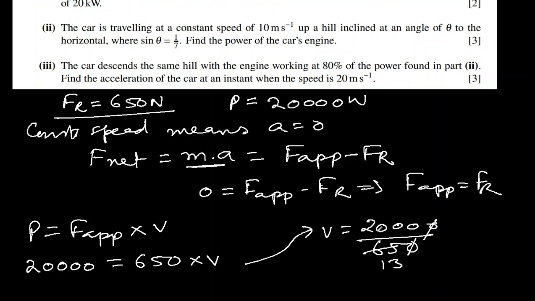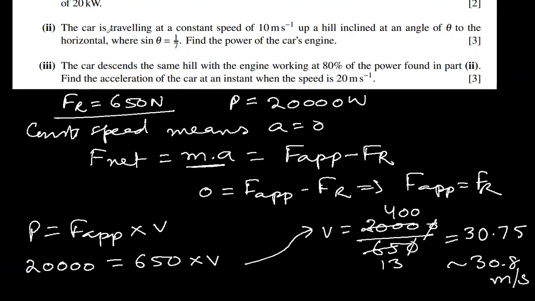So it will be 400 over 13 meters per second. If you want, we can convert it to decimals. 13 times 3 is 39. 30.7565, which is almost 30.8 meters per second.